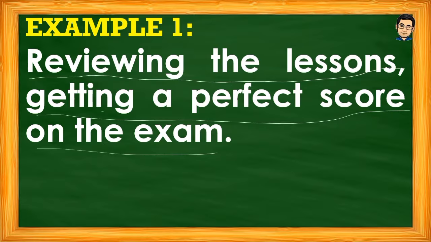Yes po. It's because if a student is reviewing or studying his or her lessons, definitely there is a higher chance that he or she will get a perfect score on the exam. That is why, yes po yan. Nakaka-apekto po yung resulta ng first event dun sa second event.